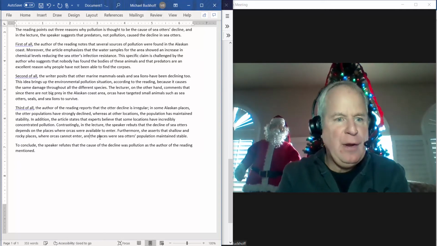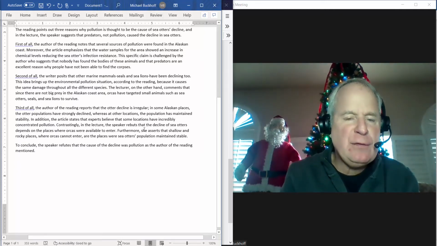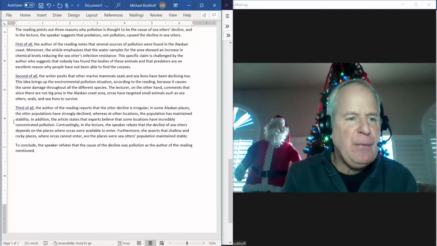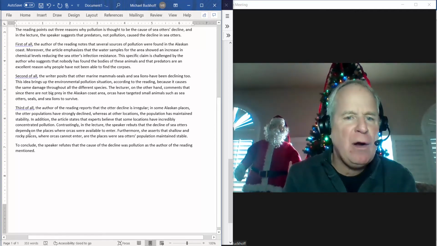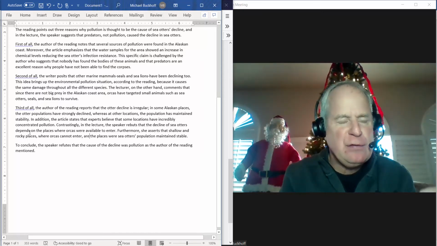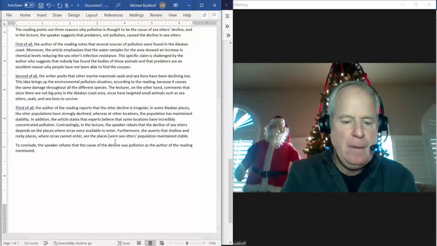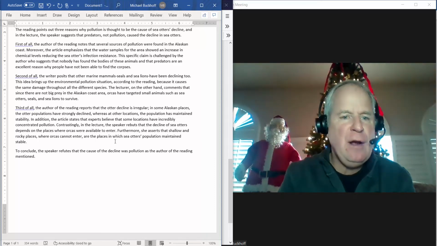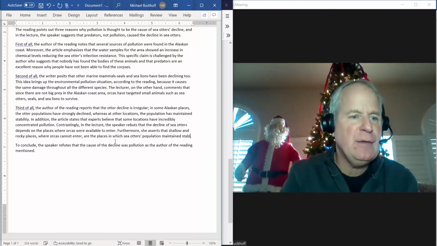You need a verb here. So you have she asserts, so you have the subject and the verb. Then you have that shallow and rocky places. We need a verb for that subject within that dependent clause. So she asserts that shallow and rocky places are the places, and I'm going to change this to in which sea otters population maintained stability.